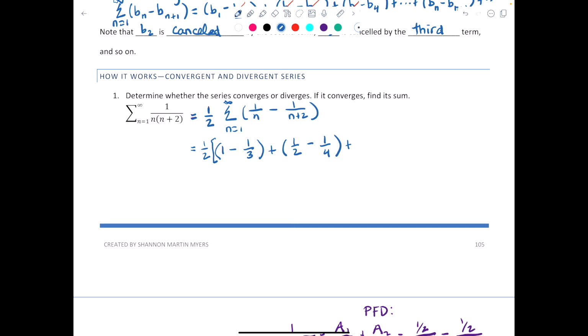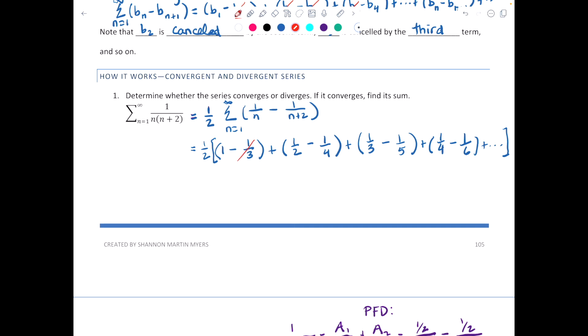And then plugging in 3 for n, I'll get 1/3 minus 1/5. So the trend is starting. I'll go one more. I'll plug in 4. I'll get 1/4 minus 1/6. And now look what happens.